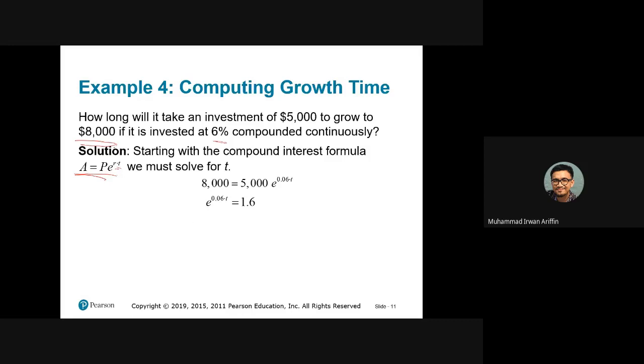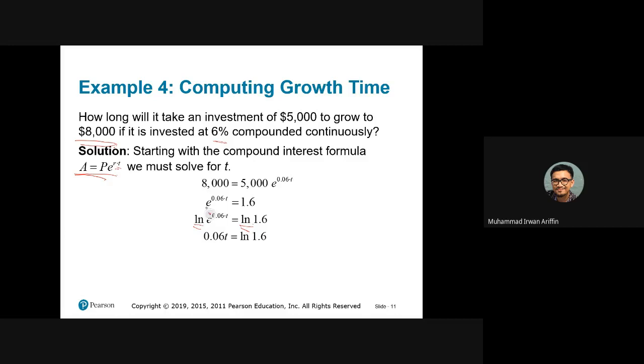After we substitute all this, in order to get rid of E, what should we do? We simply take the natural log of E, putting natural log on both sides. What is the natural log of E? It equals 1.